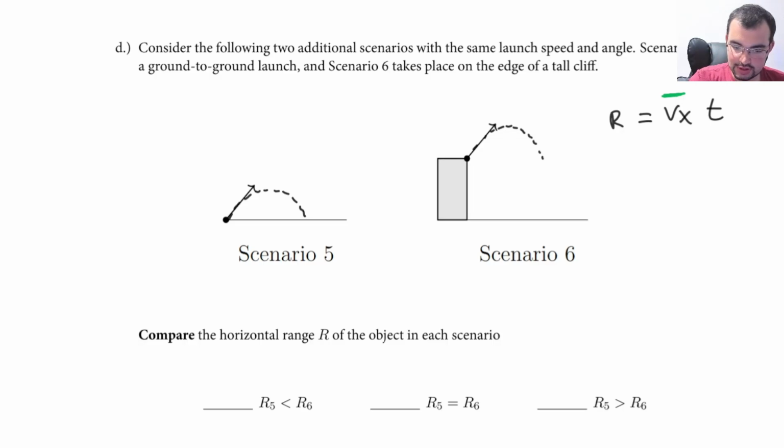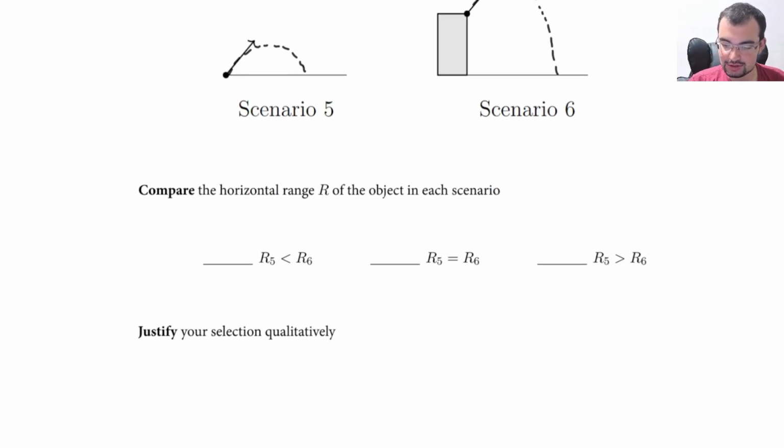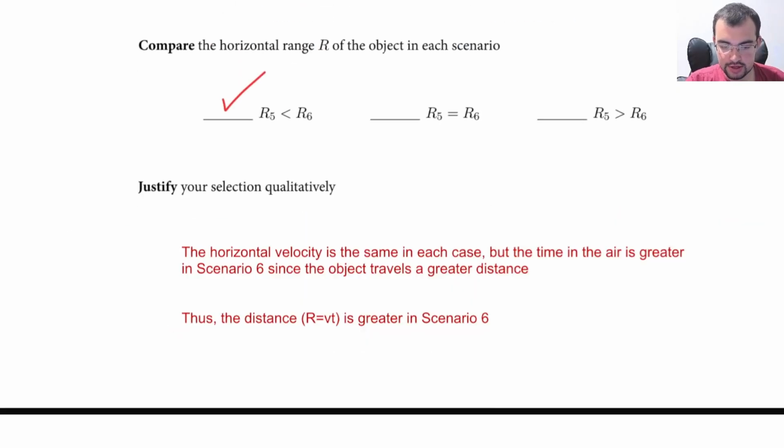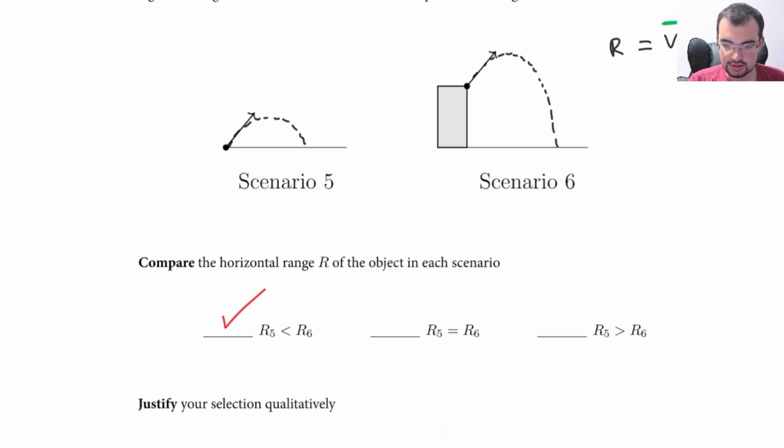So scenario 6 has to do everything scenario 5 does, and then it keeps falling. So there's extra time in the air spent in scenario 6. So there's extra range. In scenario 6, the path is the same as the path in 5 with extra stuff.